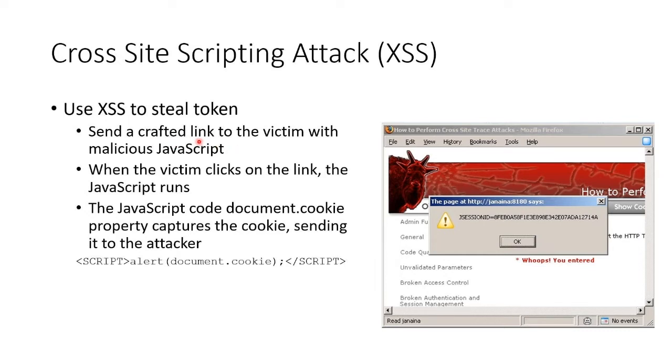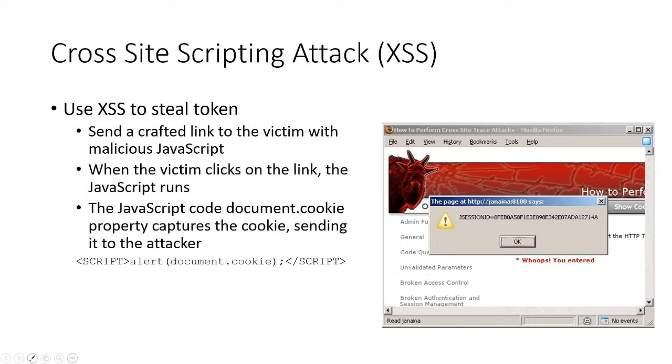And one of the things that the script could be doing is to actually steal the cookie. So JavaScript has a property called document.cookie right here. That will read and capture cookies. And then you can have something in your script to send it to the attacker.